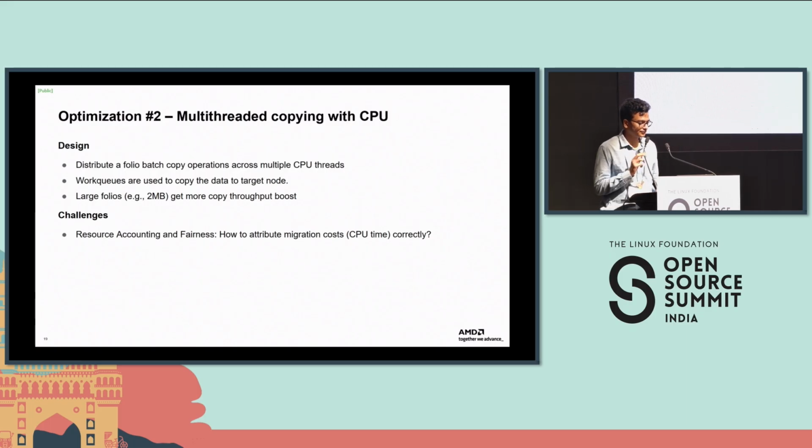Large folios get more copy throughput boost because of this design, since we have less metadata and kernel overheads. But with this approach, an open question is how we can do resource accounting and ensure fairness. Who will bear the cost of page migration?